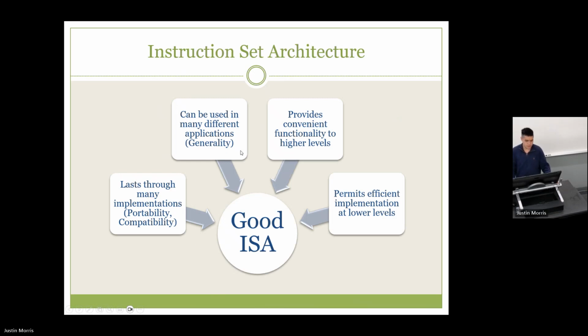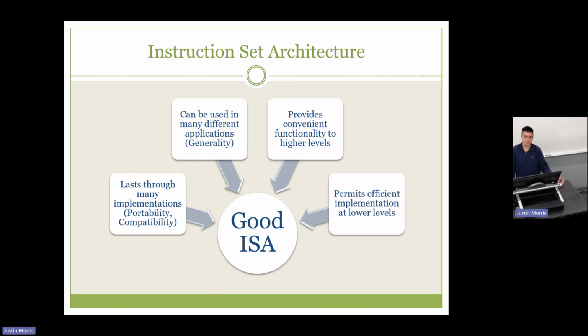So our instruction set architecture, in order to make it very useful, must pass through many implementations. And this is because, like we talked about before, we want to make sure that it is very portable and compatible with previously compiled software. I don't want to release a new ISA every year along with my architecture, because then all of the programs that were written for it need to be recompiled.